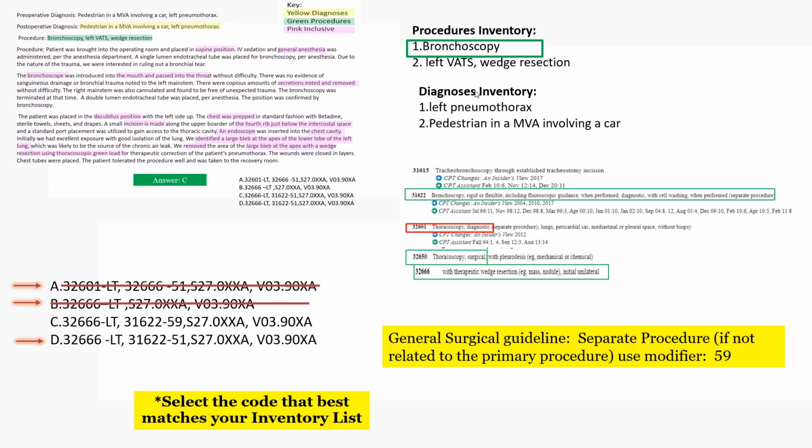It was performed in order to remove the blood which the patient was having. So both are not related. Yes, unrelated. It is an unrelated procedure performed, coders. So that is the reason why we selected option C as the correct one, following general surgical guidelines.